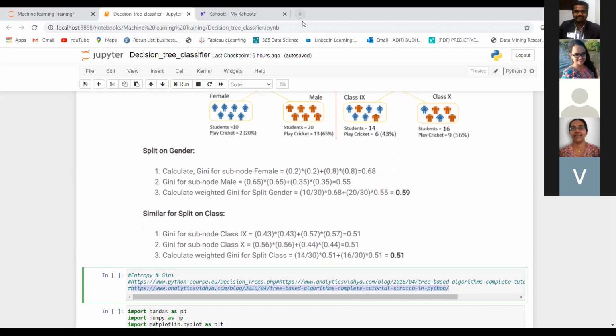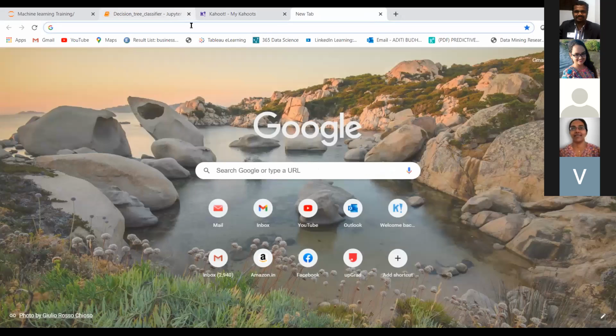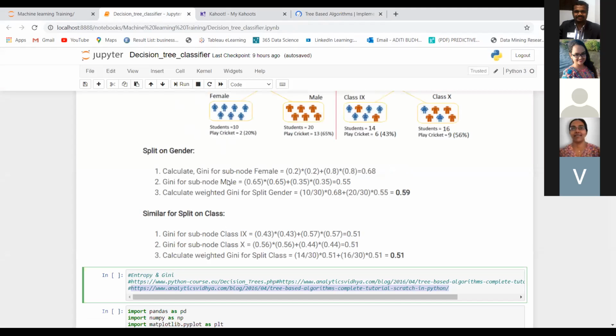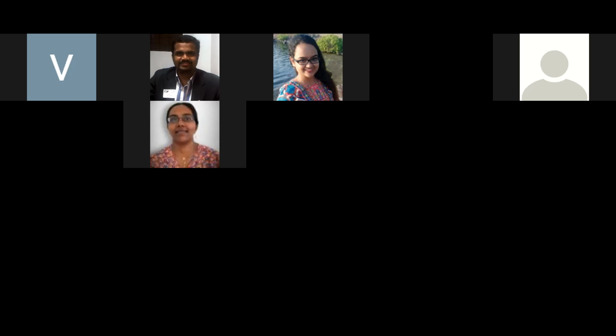So any more questions? So no questions. So let us move on to the second concept of splitting, like based on what we can split our data, or how our model can split our data.